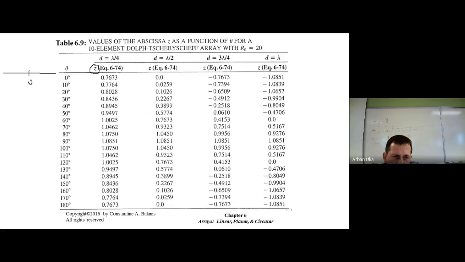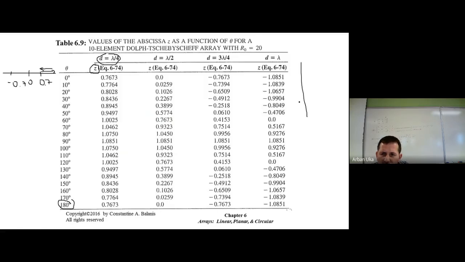This is 0, this is minus 0.76. I can write it, but it is very messy. So for a wavelength like this, the values of z go from 0.76 to 1, and they come back as a function of angle theta.